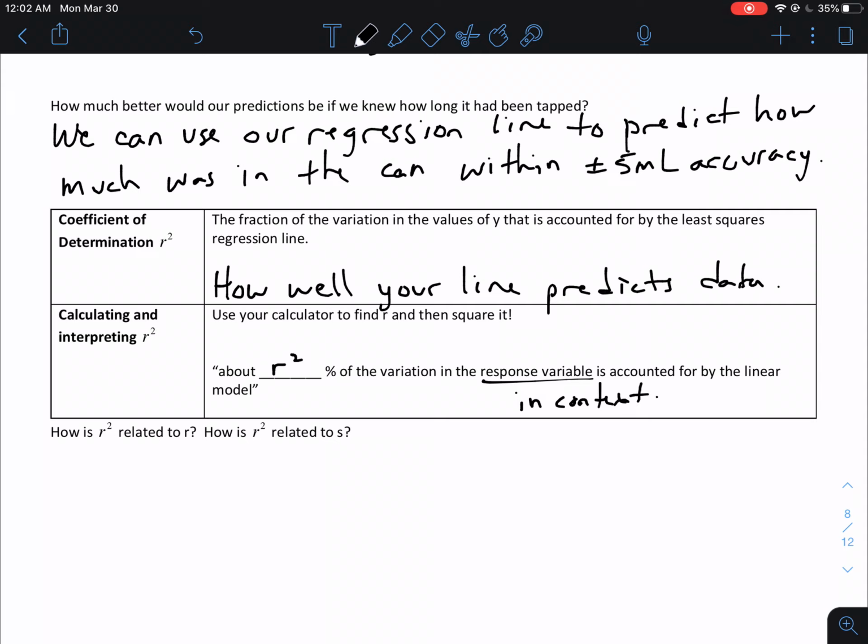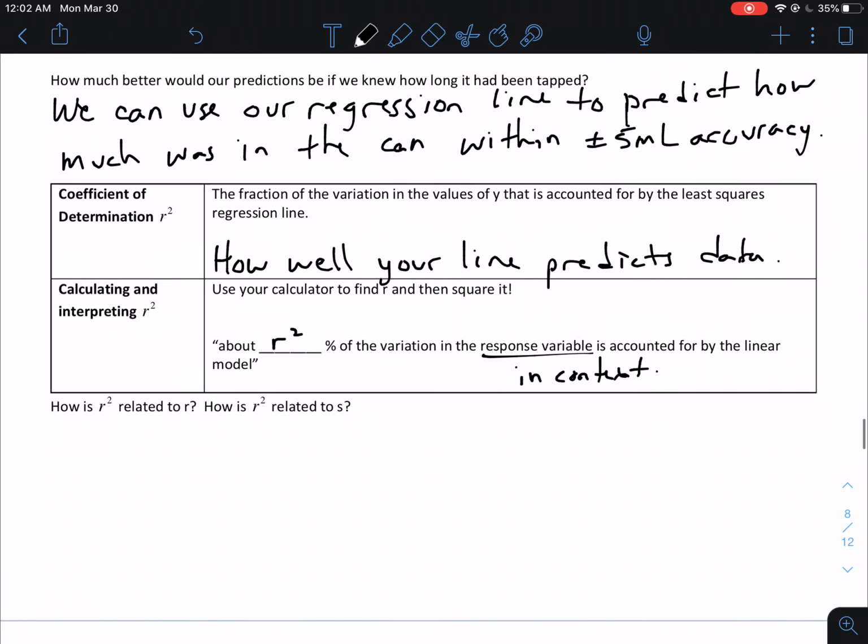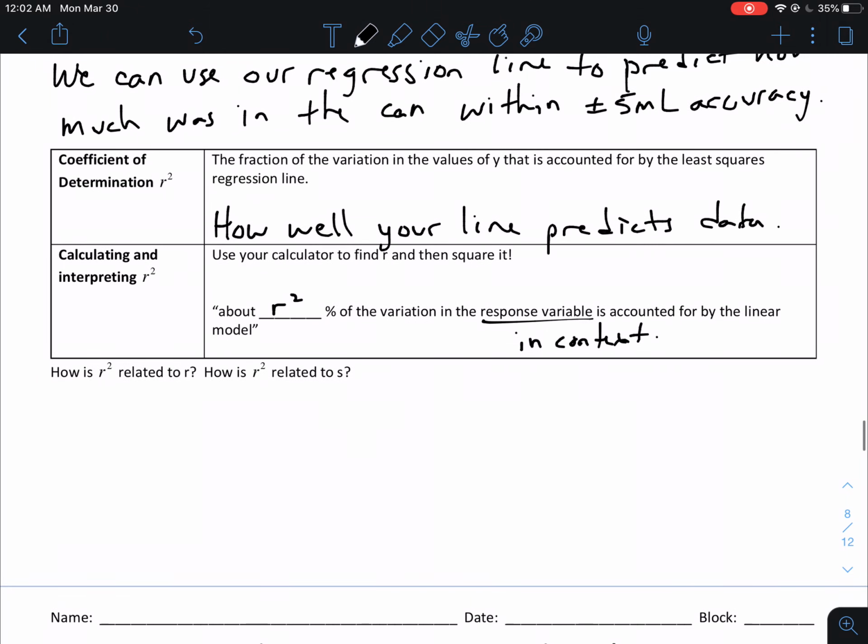Which brings up the question: if we can find r squared using r, then what is the relationship between those, and how is r squared also related to s? So the first question, how is r squared related to r, besides just the fact that it's being squared? Well, first off, r is the strength of the correlation.